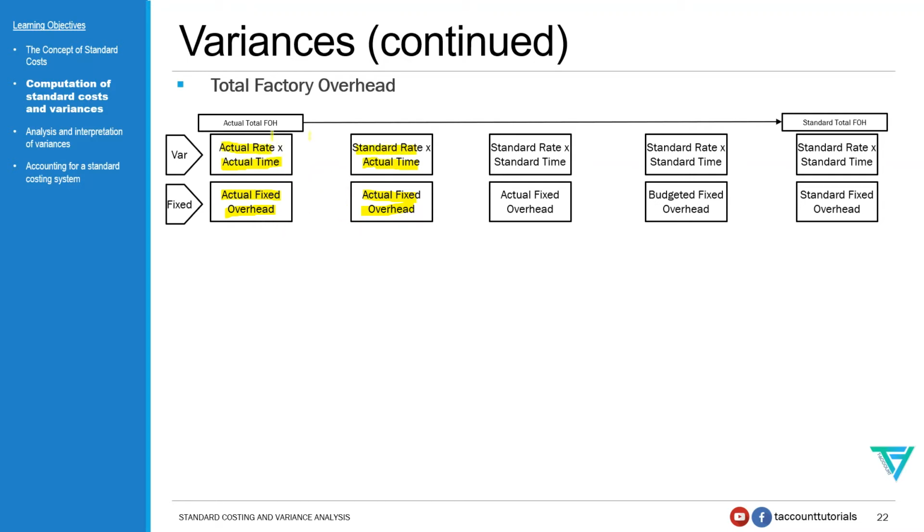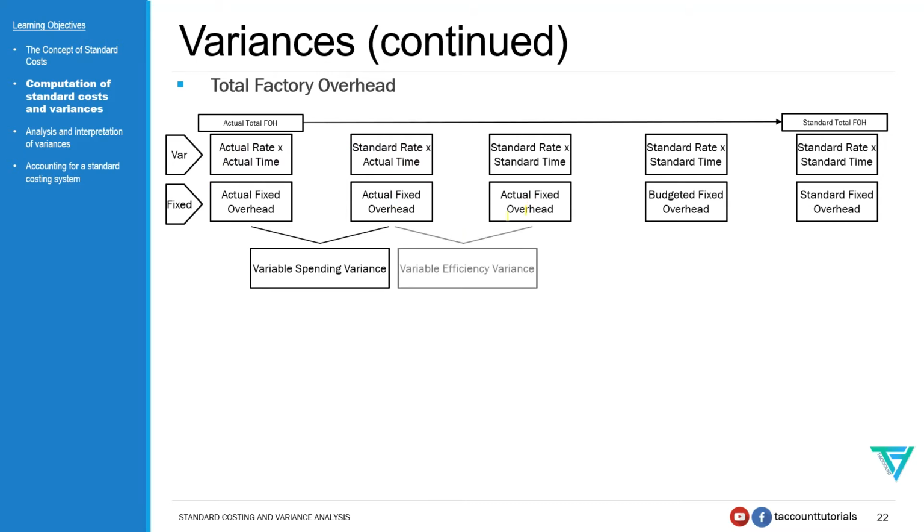So overall, if we compare these first two figures, we would arrive at the difference in the rates from the variable overhead. So if we deduct this figure from this amount, we can already arrive at the variable spending variance. Okay, so it's very important to analyze which factor is actually the one which is differing from the figures which we're trying to analyze, right?